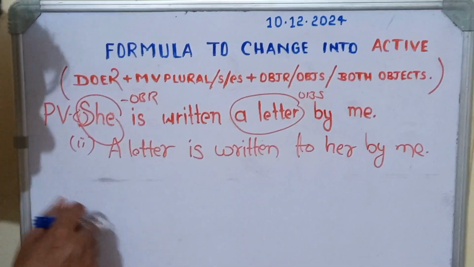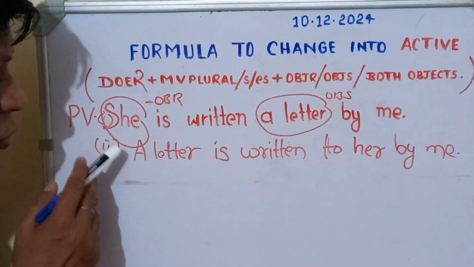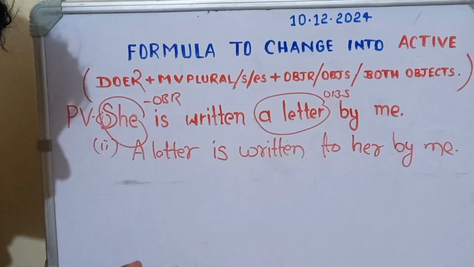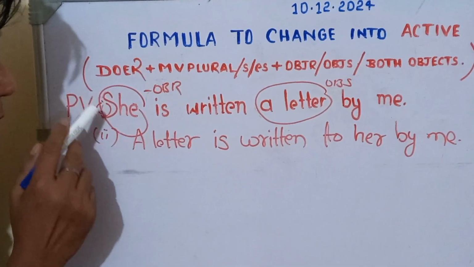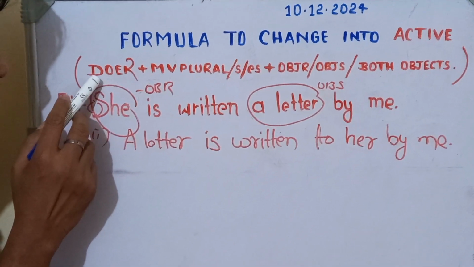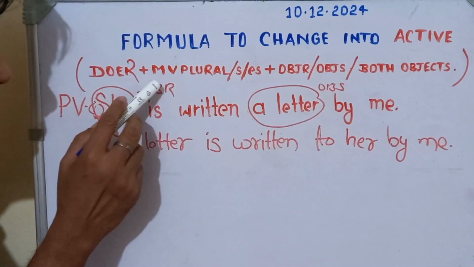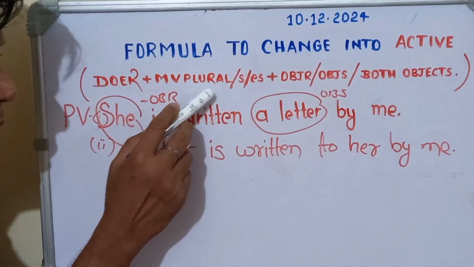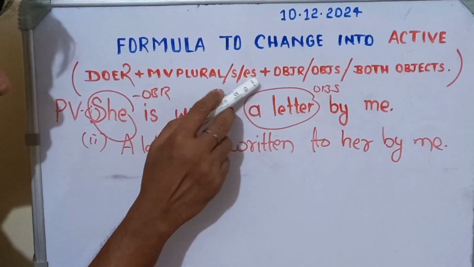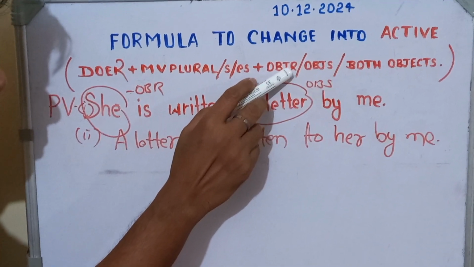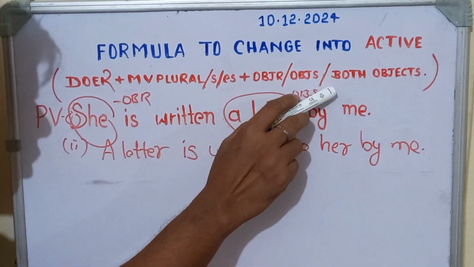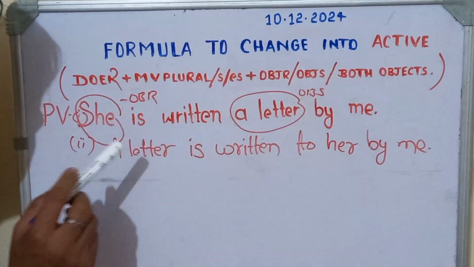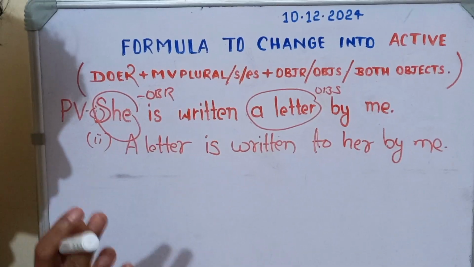Now we have to change these two sentences of passive into active. So now here are two sentences.